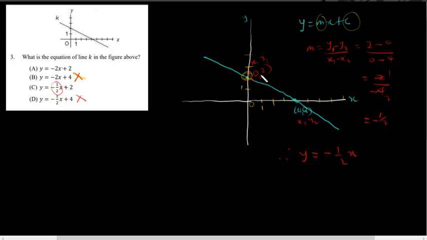Then the intercept on the y-axis is of course 2, so it's this plus 2, and the correct answer is C. So you can solve this question this way by looking at where the line intercepts the y-axis, and also finding the slope of the line by considering the 2 points on the line where the line passes.